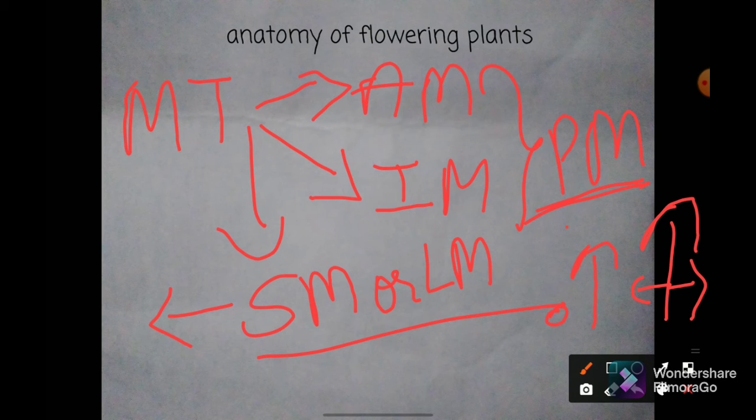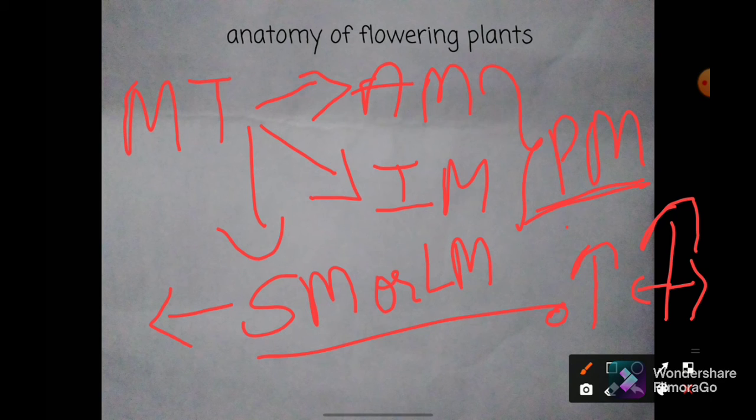There are open type and closed type vascular bundles. Over there I'll explain what cambium is, what interfascicular cambium is, what fascicular cambium is, and what cork cambium is. These are different things. We'll study interfascicular and fascicular cambium in the vascular bundle part, and cork cambium in the lateral or secondary growth.